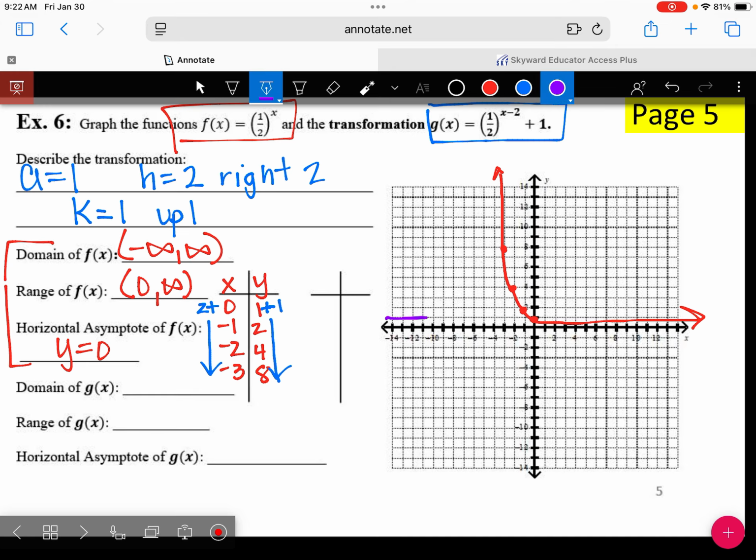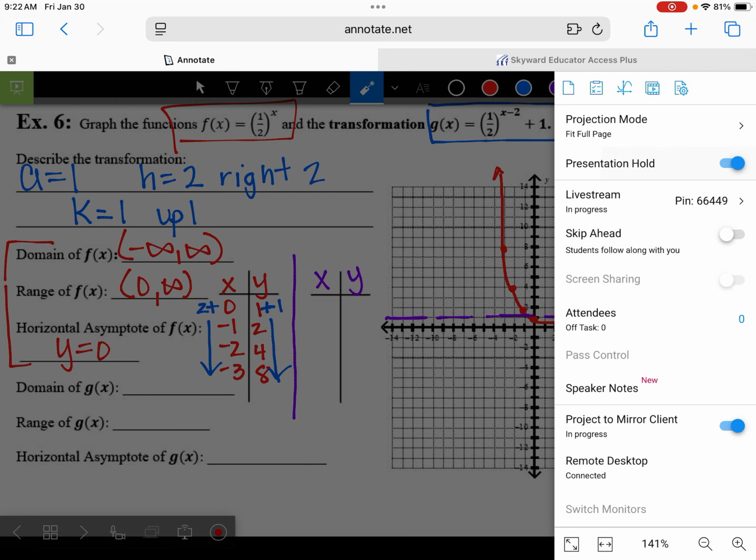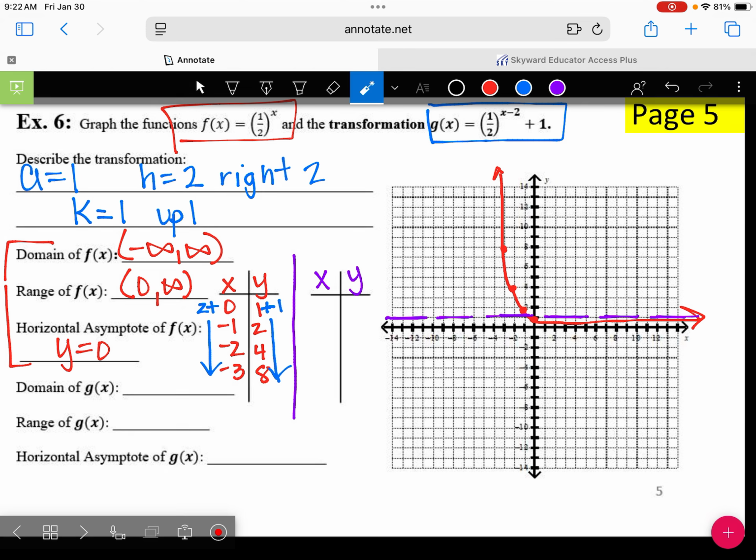So I'm going to draw that in. This is my new asymptote right there. So take a moment and come up with your 4 new points. For x, you're adding 2. For y, you're adding 1. I'm going to go ahead and freeze my screen, and you find out what your numbers are.